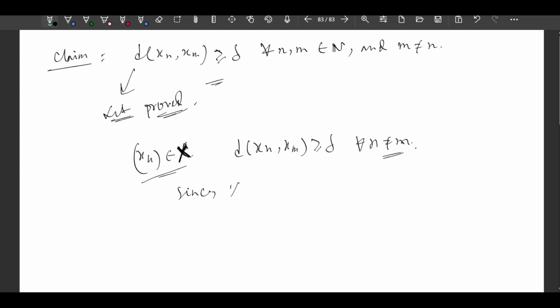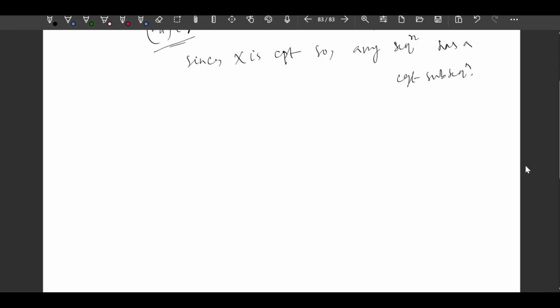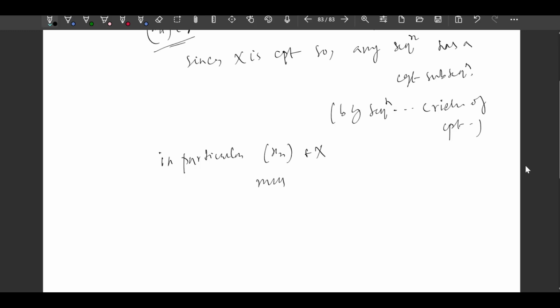Since x is compact, any sequence has a convergent subsequence, right? By sequential criteria of compactness, right? Okay, so in particular this sequence xn belongs to x must have a convergent subsequence, right?